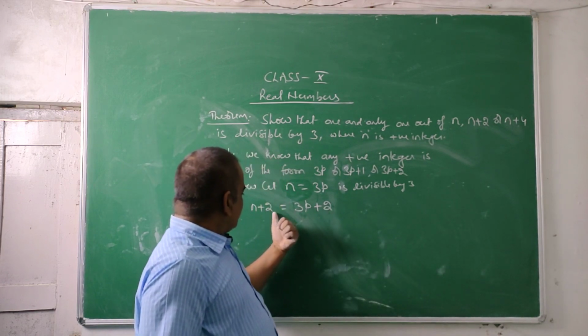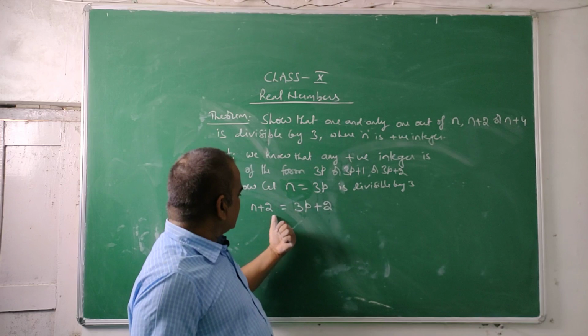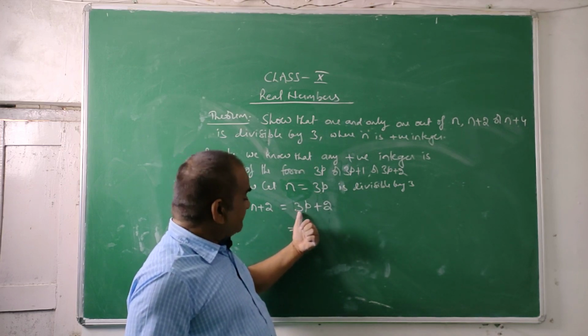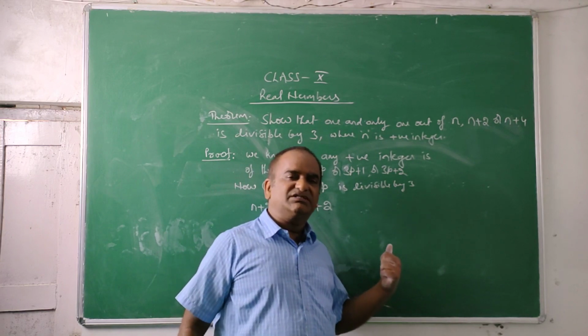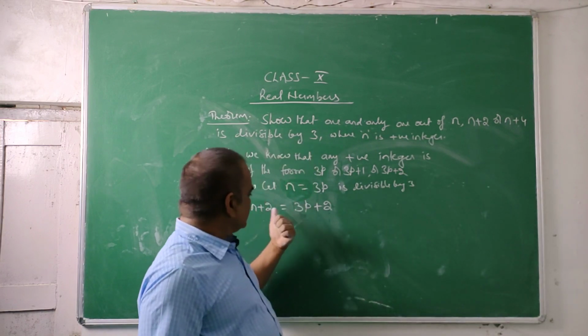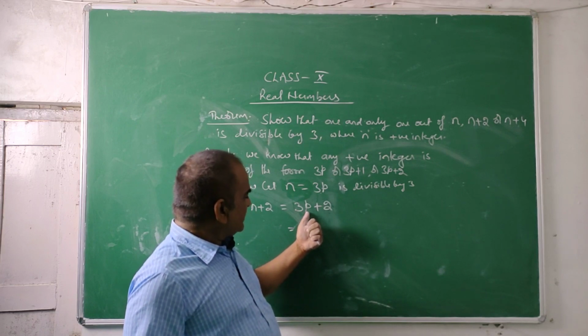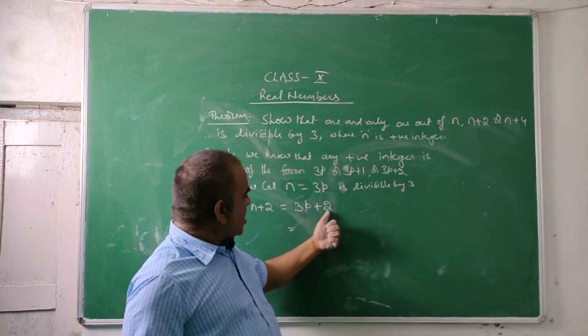Now, when n plus 2 is divided by 3, you are getting the quotient p and the remainder r.